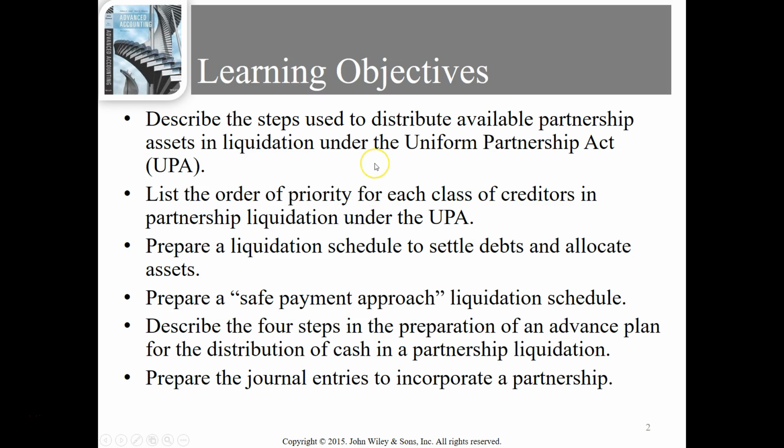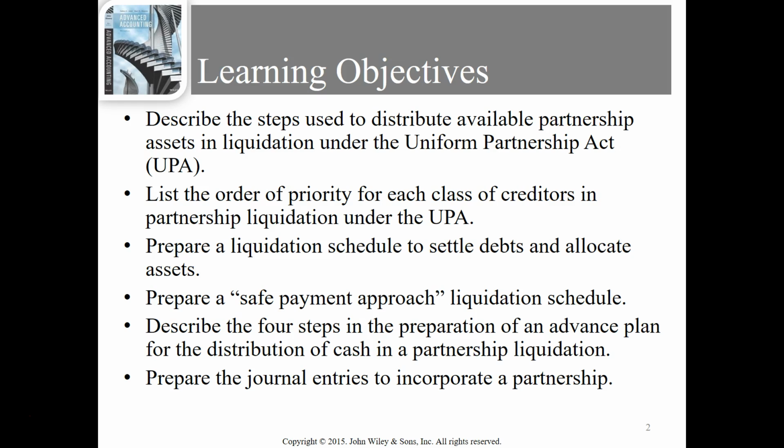So our learning objectives: number one, describe the steps used to distribute available partnership assets in liquidation under the Uniform Partnership Act. List the order of priority for each class of creditors in partnership liquidation. Prepare a liquidation schedule to settle debts and allocate assets.